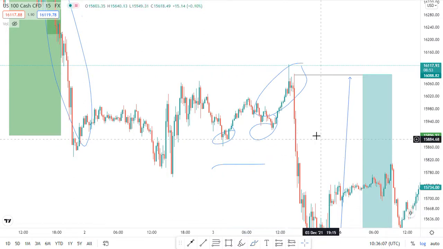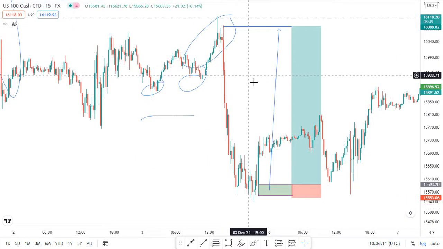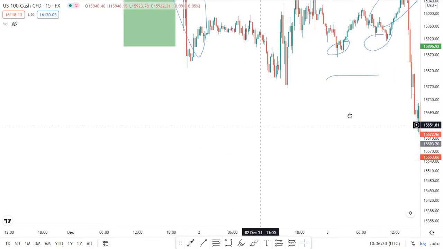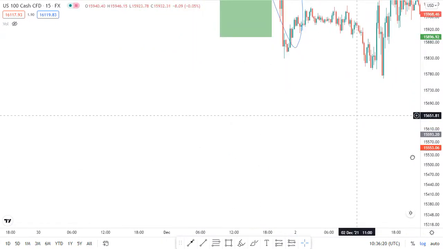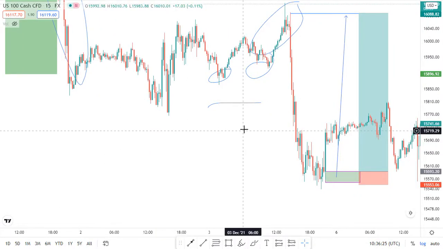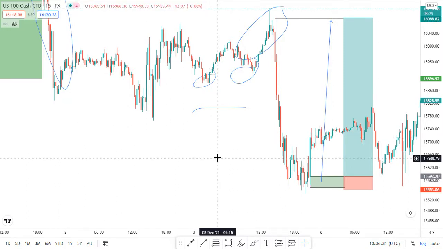Sorry, guys. Then I came to this area. Yeah, I checked my higher time frame and I found out that Nasdaq was retesting and it reached the lowest area for retesting.